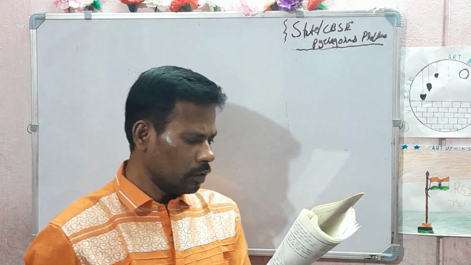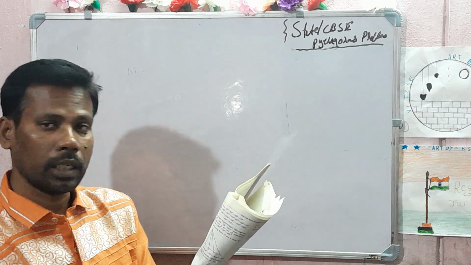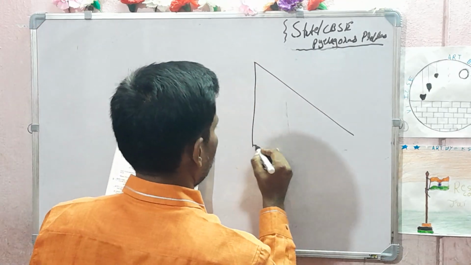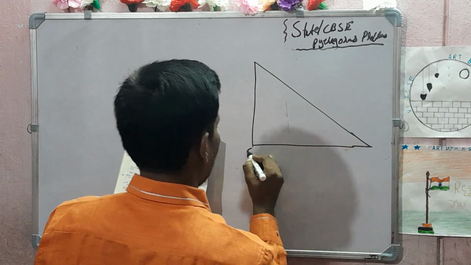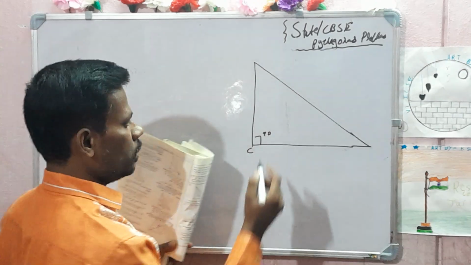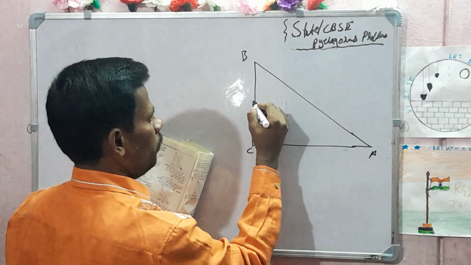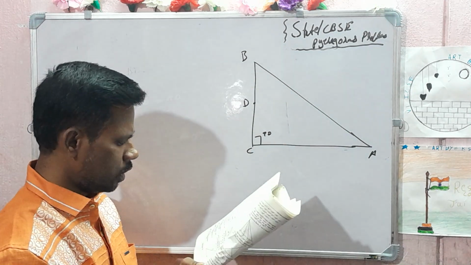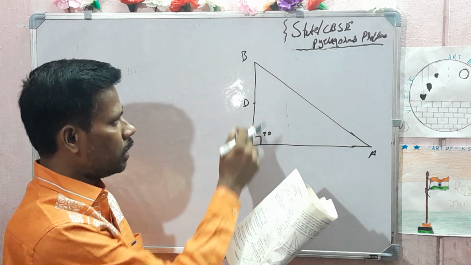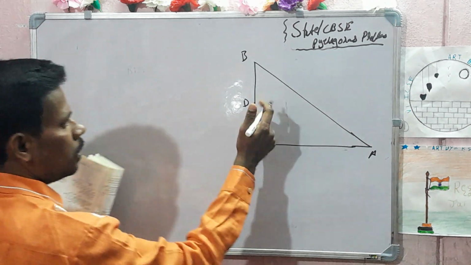In triangle ABC, a right angle triangle in which angle C is 90, D is the midpoint of BC.